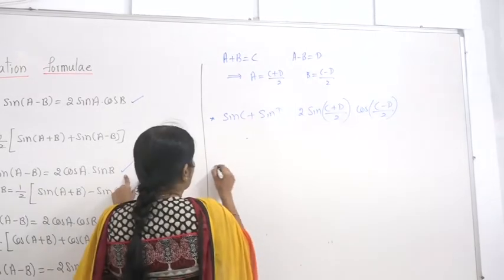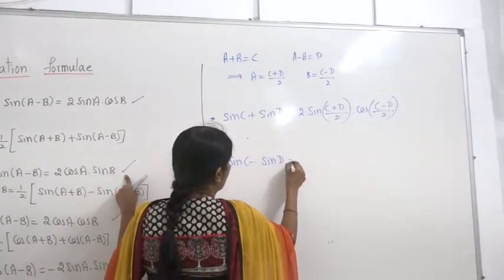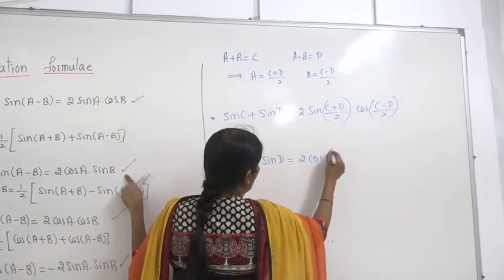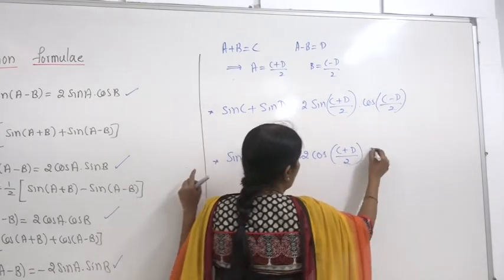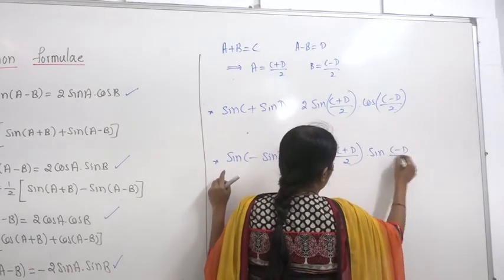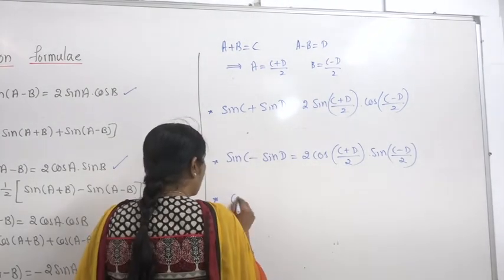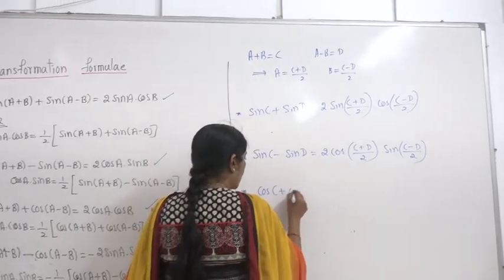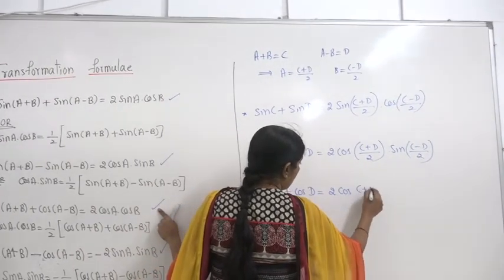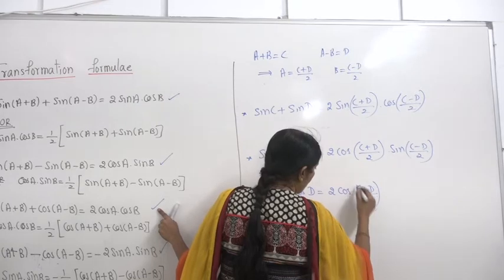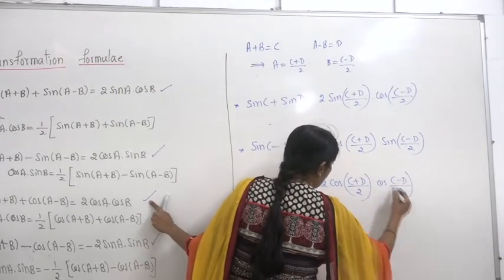Next here, sin c minus sin d is equal to 2 cos c plus d by 2 into sin c minus d by 2. Third one, cos c plus cos d is equal to 2 cos c plus d by 2 into cos c minus d by 2.